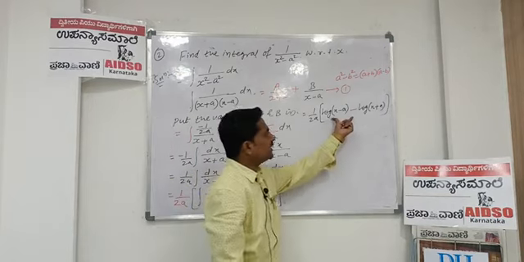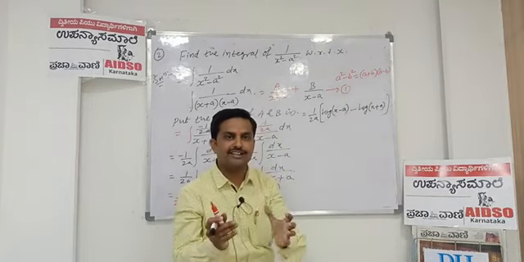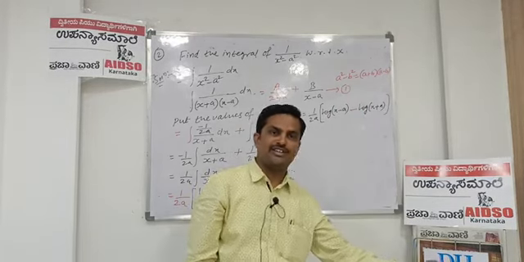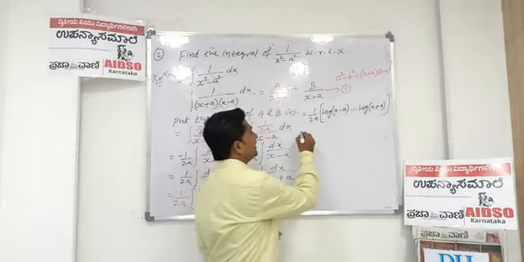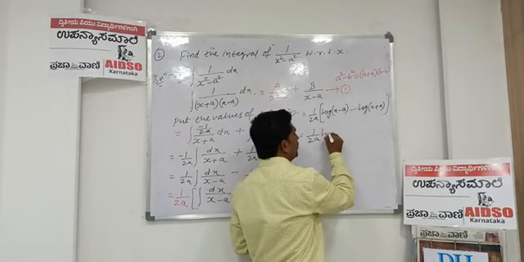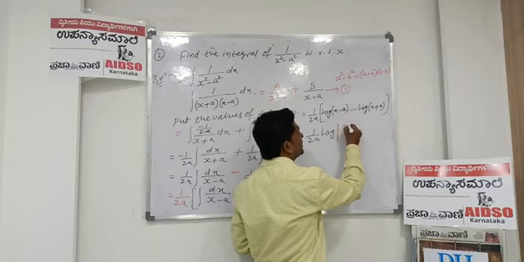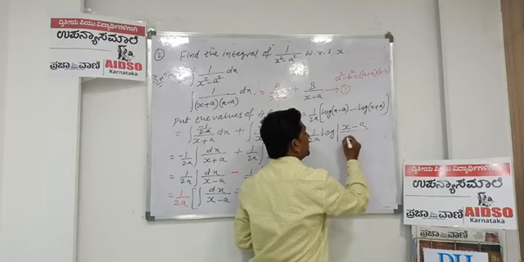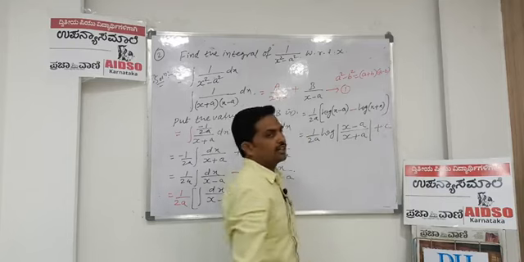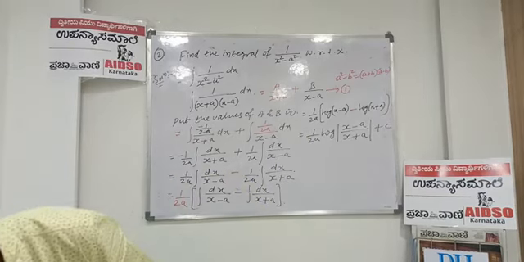Then again we use a property of logarithms, log m minus log n, which we utilized in the previous condition also, and that is log of m upon n. So it is log of x minus a divided by x plus a, and the integral constant is c that we have got.